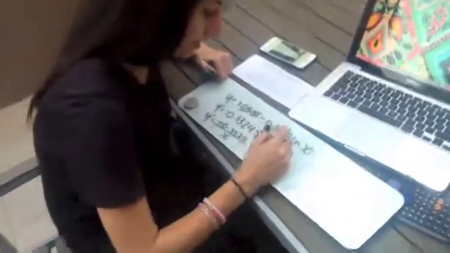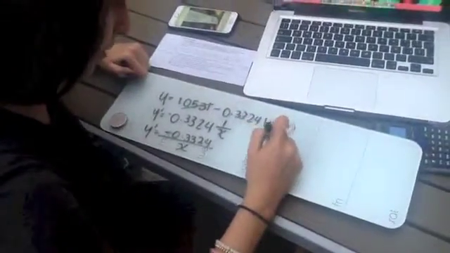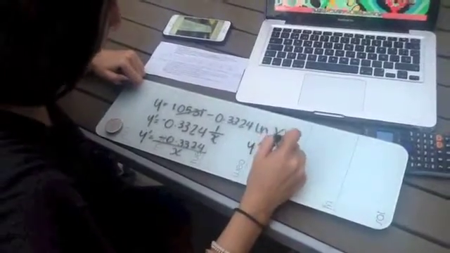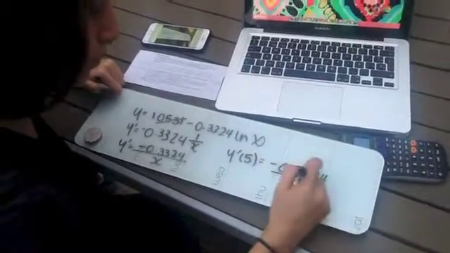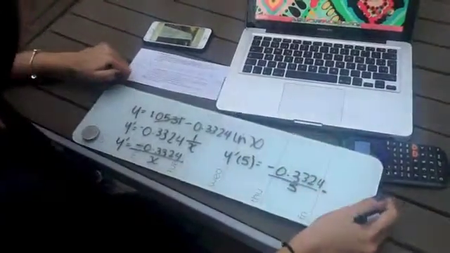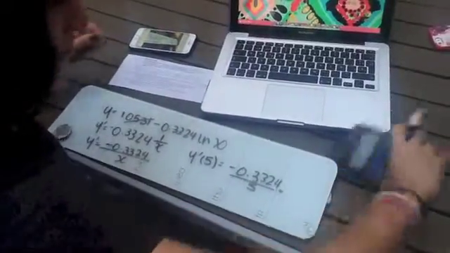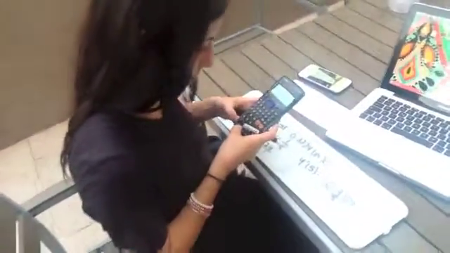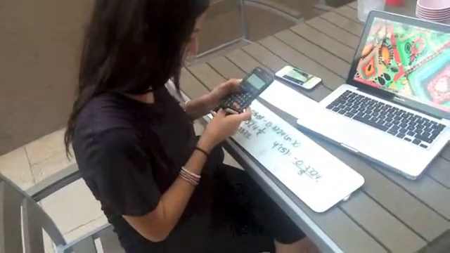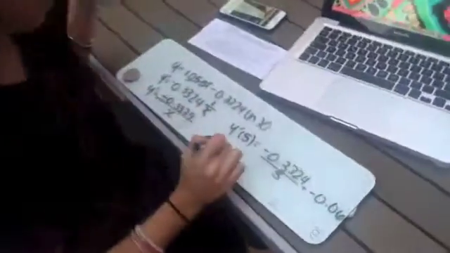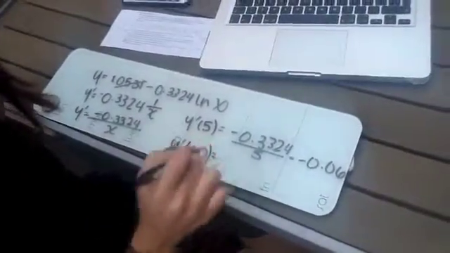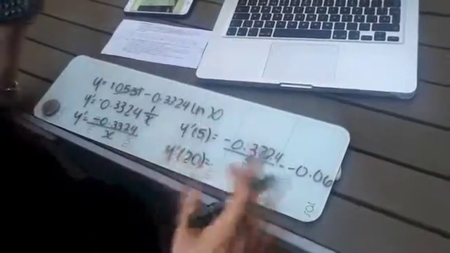So we replace it, and y prime of 5 equals minus 0.3324 over 5, and that gives us a value of minus 0.06. Then we need to substitute the x with the value of 20 to find the rate of change when the altitude is 20.